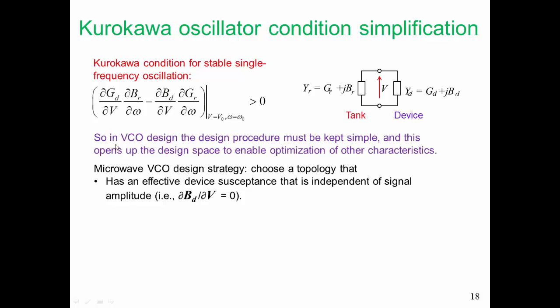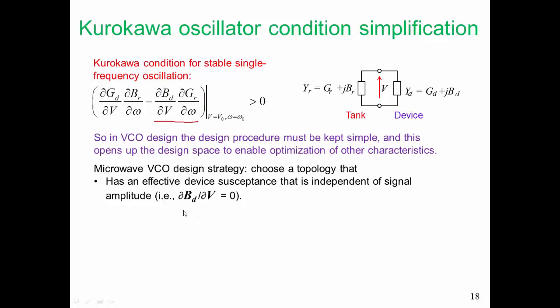Okay, so what are we doing here? We're looking at this right-hand term here, and we're going to set that to 0. For our fixed frequency oscillator, GR was very small, so that second product was 0 anyway. Well, now for our microwave VCO, we're going to follow a design strategy, in this case study, which sets that second product to 0.